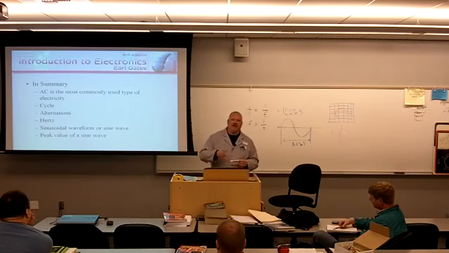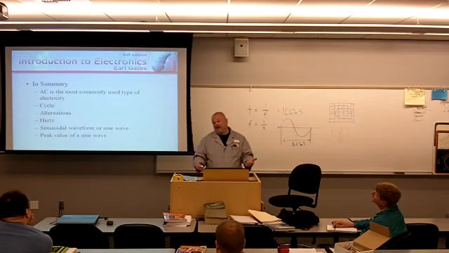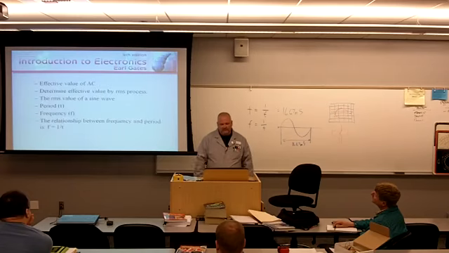Alternations: an AC sine wave has 2, one positive, one negative. Hertz, the rental car company, O.J. Simpson used to represent. A sinusoidal waveform or sine wave is actually the most common form of power distribution. The peak value of the sine wave is the maximum deviation from average.